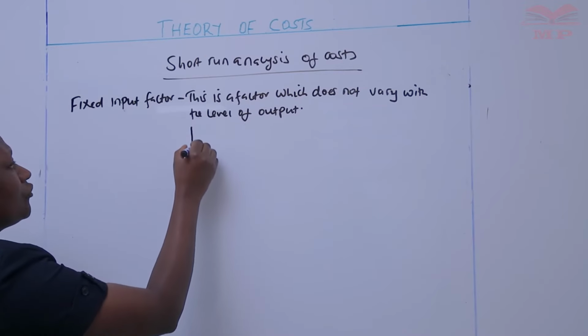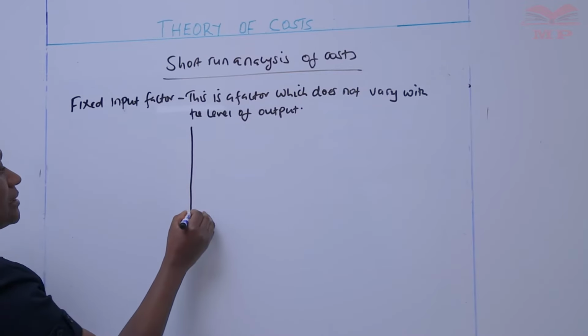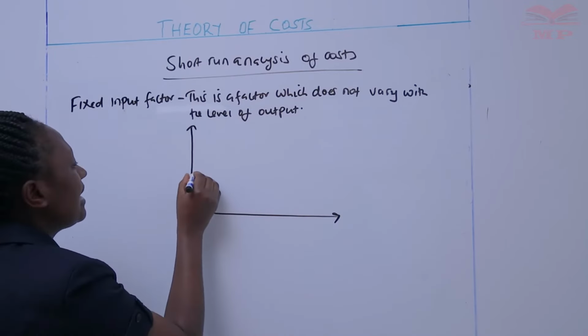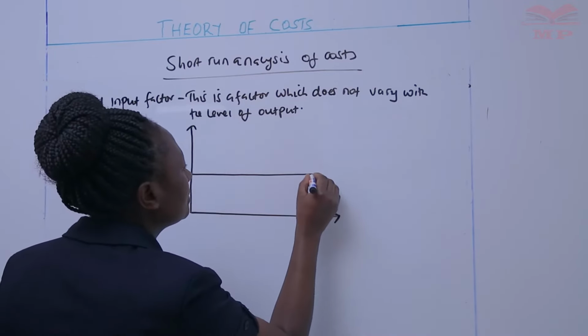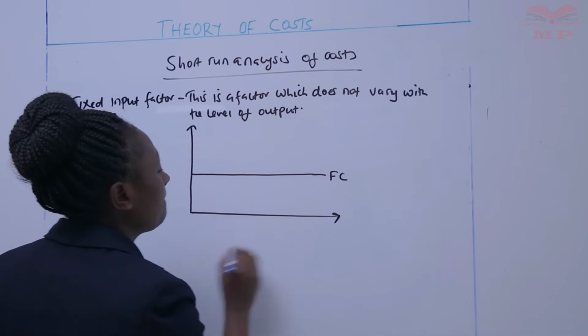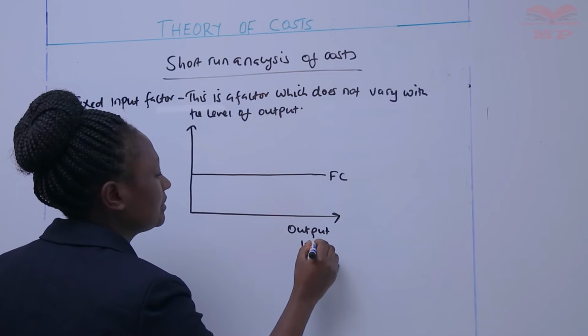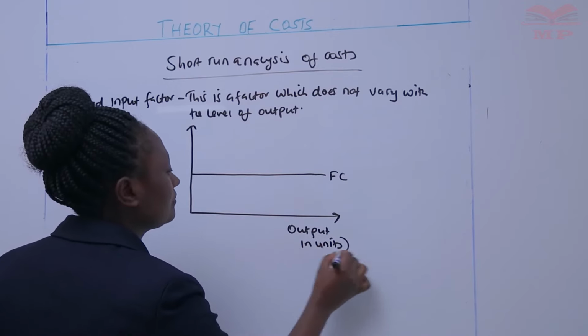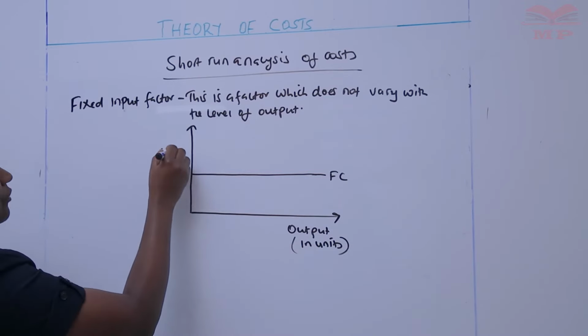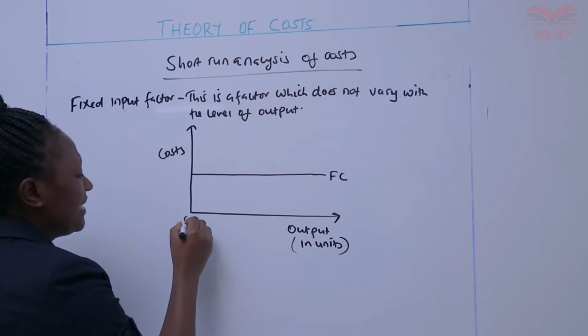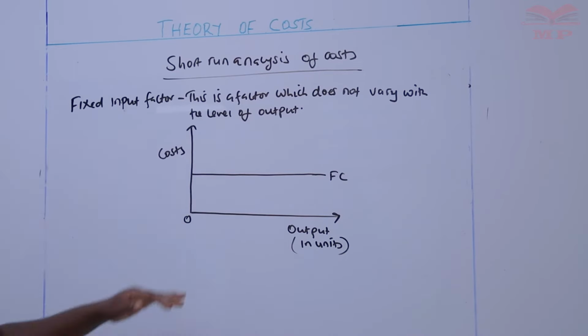Graphically, if we are to present a fixed factor, this is how it will look like. So this is a fixed cost. This is the level of output, which is in units, and here we are talking of costs. So we begin from zero output.